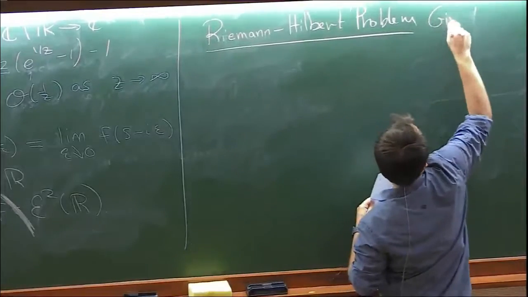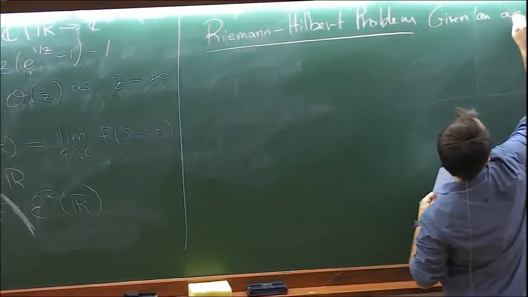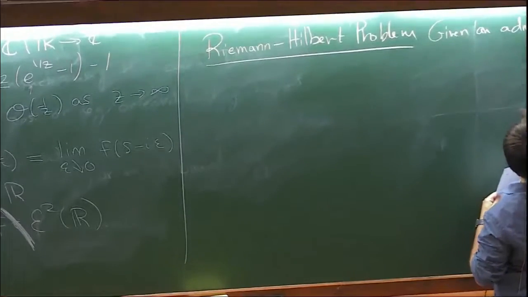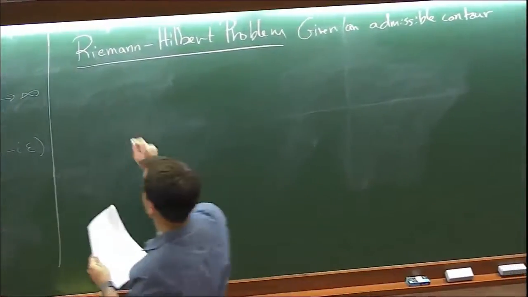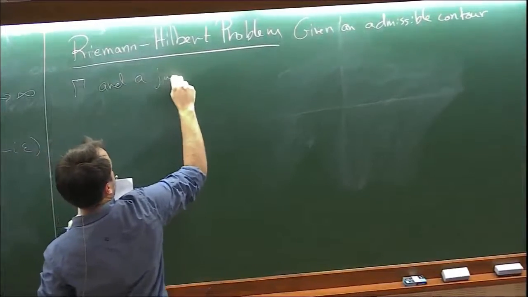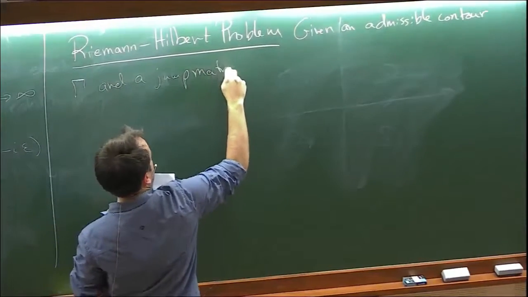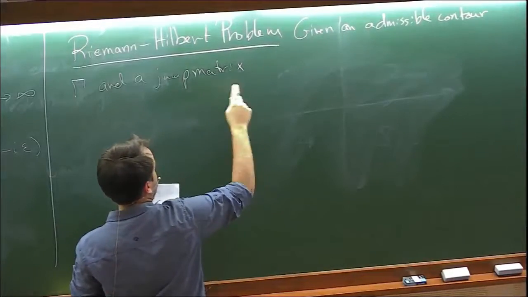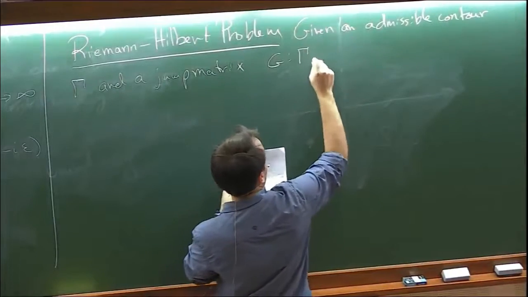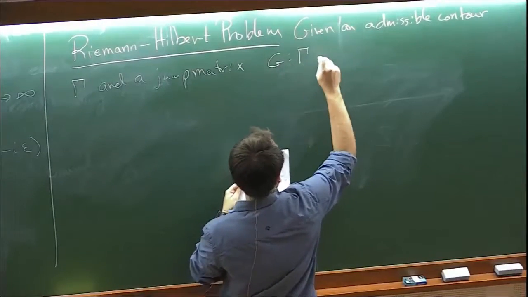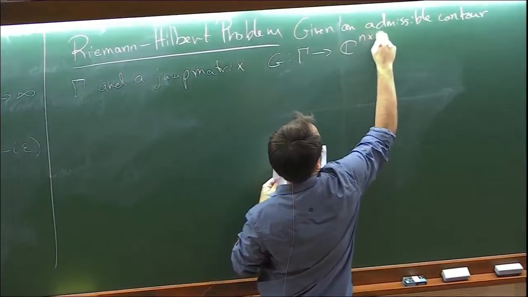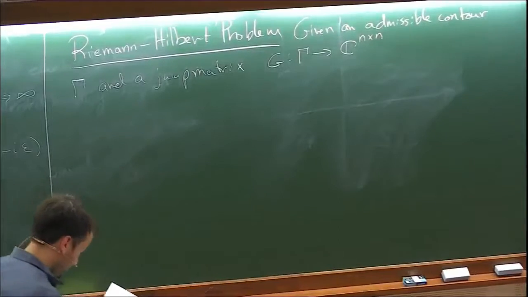Given an admissible contour gamma and a jump matrix G, which is the given data, it could just be scalar like we've seen, but it doesn't have to be. The jump matrix G takes values in complex n by n matrices.